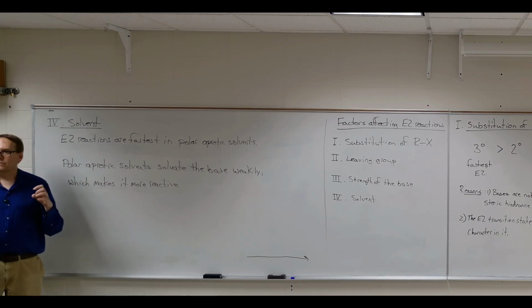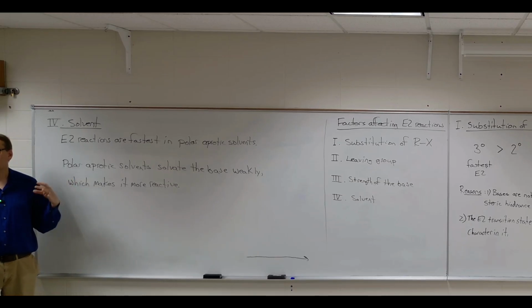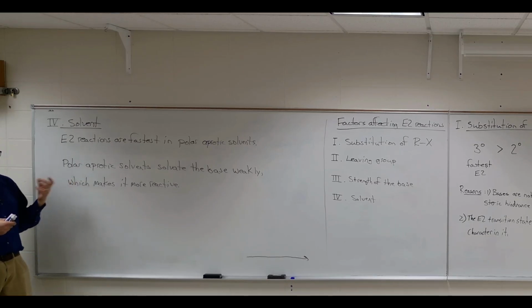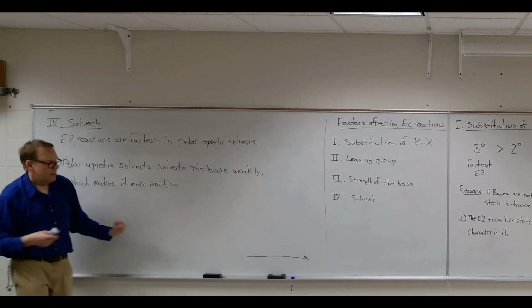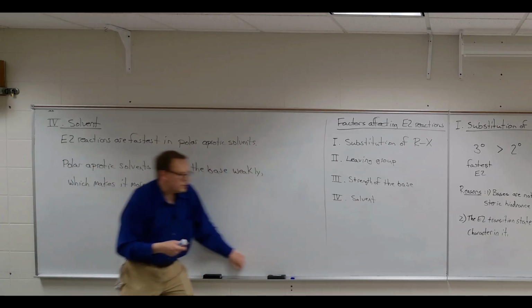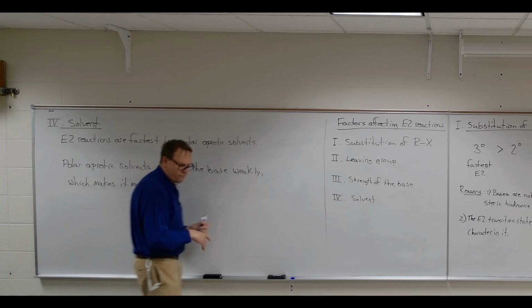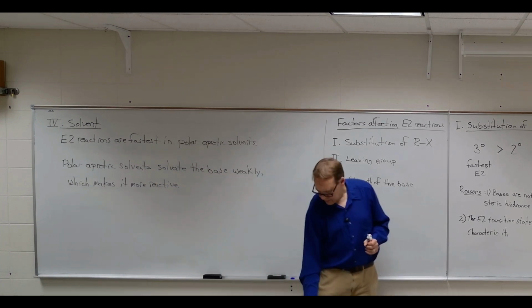The aprotic solvent doesn't solvate the base very strongly, so the base is pretty free to move around and react with things, and it doesn't carry a big, heavy solvent shell with it wherever it goes. So the base is more able to act as a base. If you put in a polar protic solvent that solvates the base really strongly, that tends to stabilize it, make it less reactive, and the E2 reaction likes a strong base. So that is that concept.